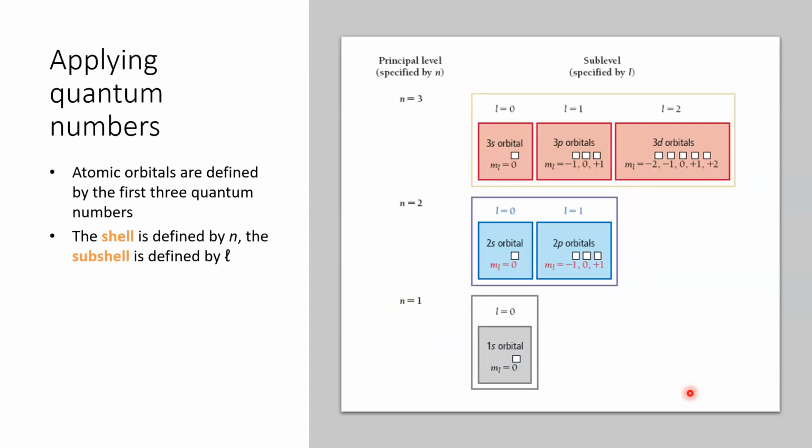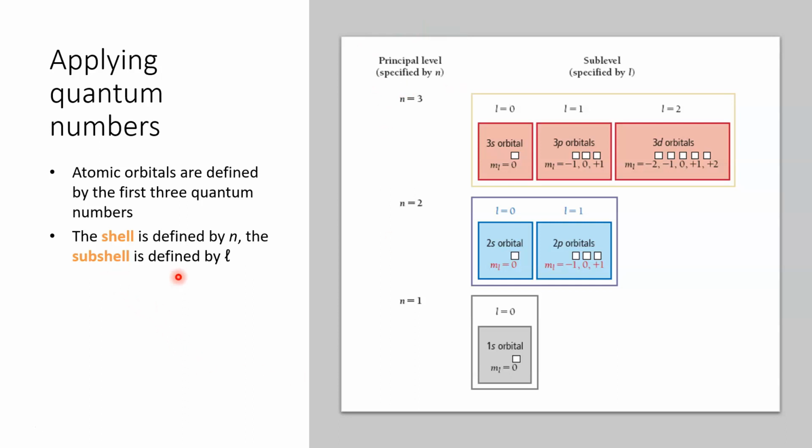Okay, so I want to apply this briefly here. So the atomic orbitals are always defined by the first 3 quantum numbers. The shell, you may have heard of electron shell, that's defined by our n. So n equals 1 is in the first shell. This would be the second shell, the third shell, and that's our principal level.